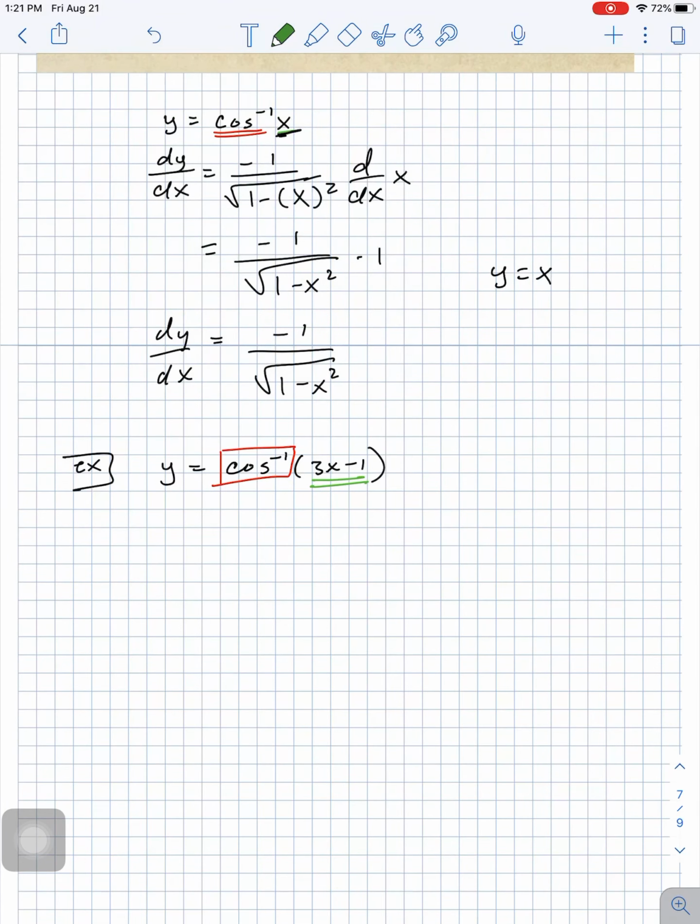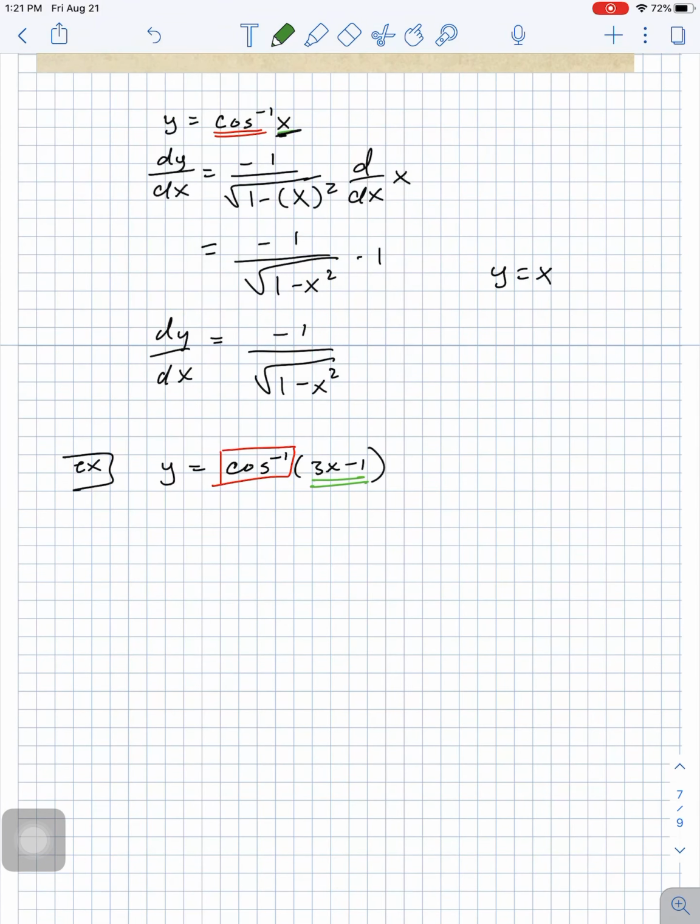Cosine inverse right here is -1 over the square root of 1 minus blank squared. Okay, these x's are the blank holes that you're filling in. That's the derivative of the outside function evaluated at the inside function times the derivative of the inside function.